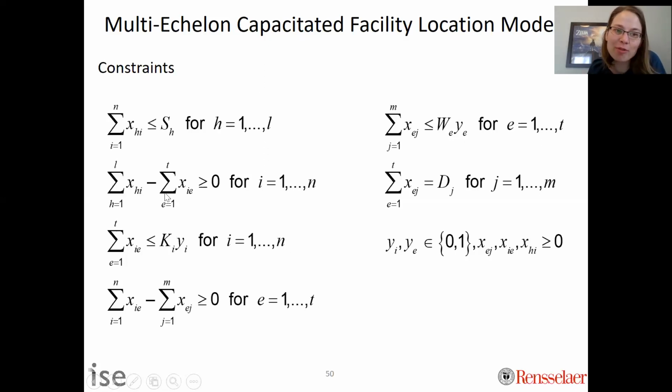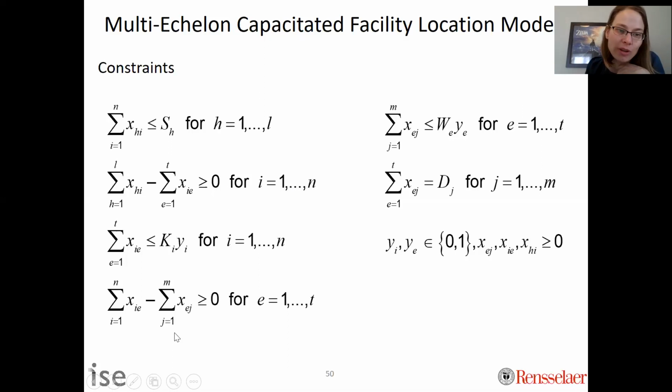You could think about moving this to the other side, and basically what you're saying is what comes in has to be more than or equal to what goes out. What is going on here is what I'm shipping into a factory minus what I ship out of a factory has to be a positive number or 0. So this is basically saying you can't just have stuff show up at a factory that didn't get shipped to that factory and then ship it out later, okay?